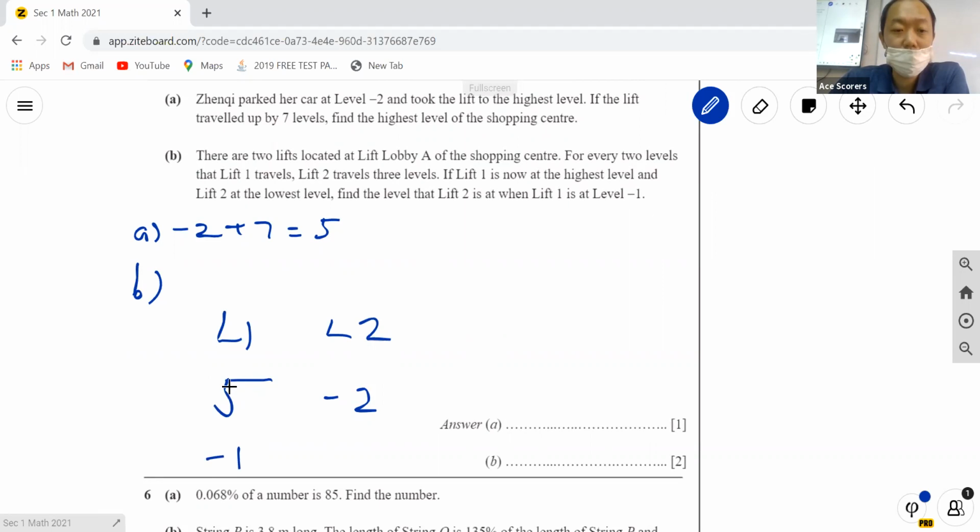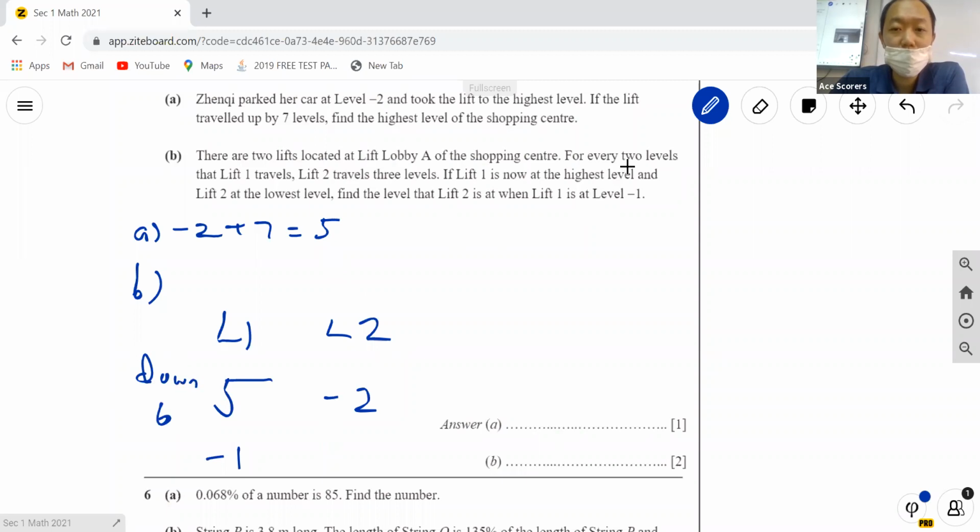So what's the gap here? From 5 to minus 1 is 6. So lift 1 goes down 6.